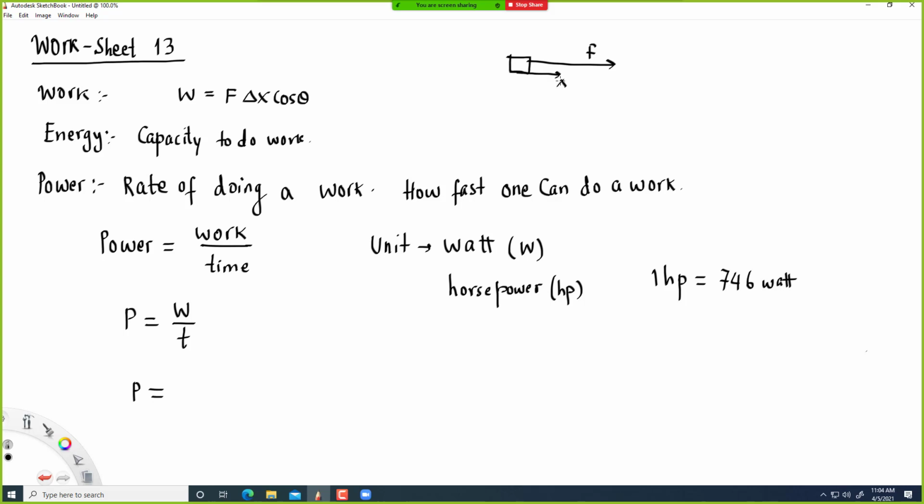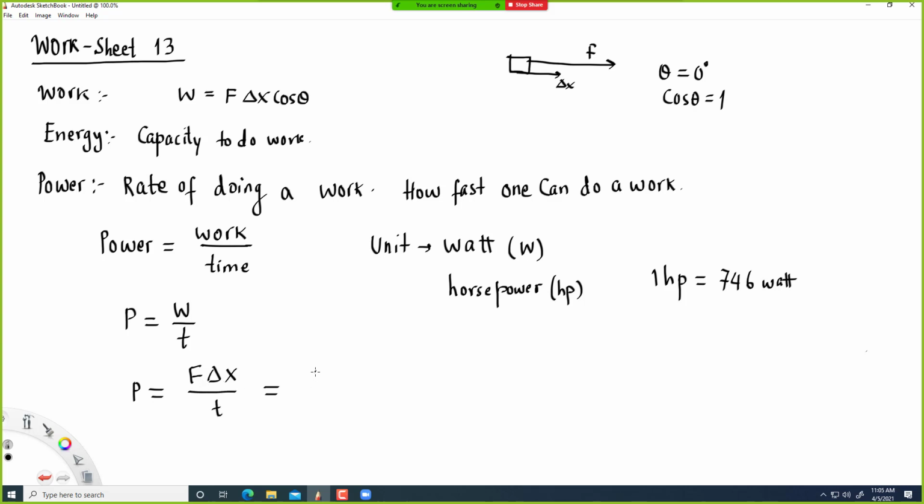So displacement is to the right and force is also to the right, then theta would be 0 degrees. So in this case, cosine theta would be 1. Then work would be given by F delta x, over time.